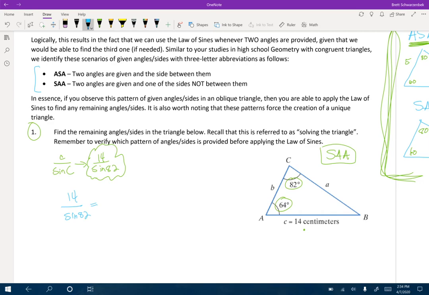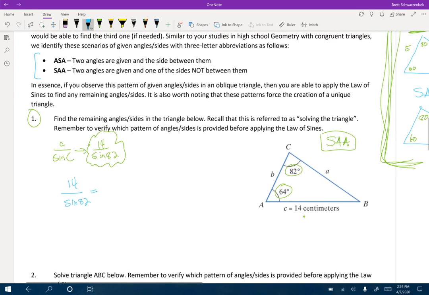But in that law of sines, we're going to have to find some other pieces. So if you look at this problem, remember, we had nothing for any of the b's. So we basically look at the a's and go, well, we were given that A was 64, uppercase A. So we should be able to say that that's equal to little a over the sine of 64.